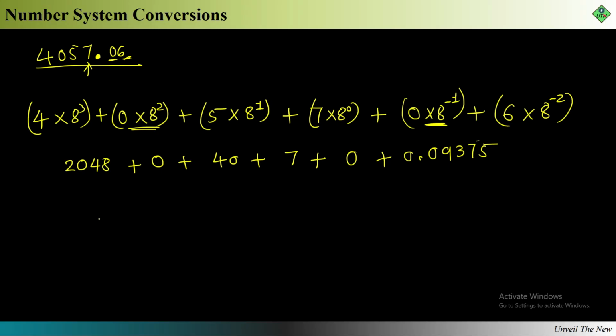At the end, if you do the total, your answer will be 2095.09375. So this will become the decimal of the octal 4057.06. I hope with these two examples you clearly understand how to do the conversion from octal to decimal.